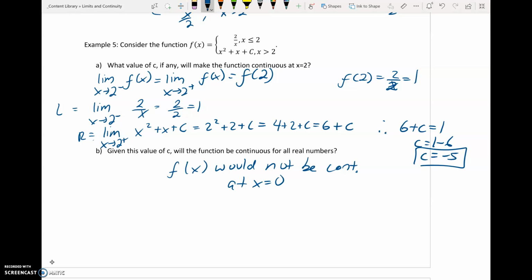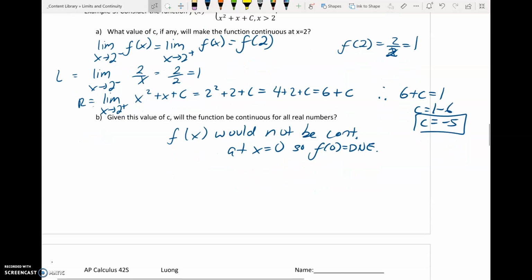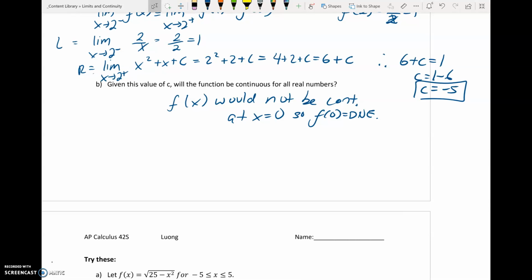So that means we're going to have a discontinuity there. So f of 0 does not exist. Now the last page for our lesson on continuity, I want you to try the following questions. So just hit pause, try those 2 questions, and then I'm going to show you the solutions after.